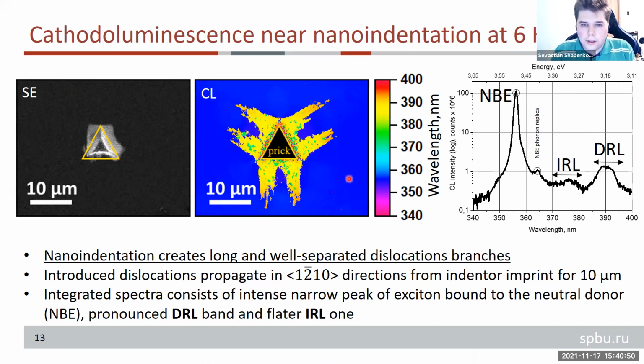These branches are well separated from each other if we use the Berkovich tip, and we also have a satisfying density of the ERL spots, which are green in this picture, which we can study more closely. So we will look at two branches, one on the next slide, which is shown here, and one on the slide after that. Numbers show the numbers of the slides.